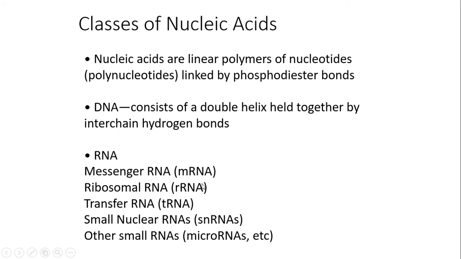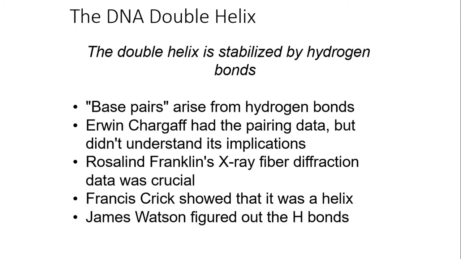So now we're going to take a look at the DNA double helix. Again, this is stabilized by hydrogen bonds. And while no rules govern the nucleotide composition of RNA molecules, DNA has to have equal numbers of A and T residues and equal numbers of G and C residues because they base pair.